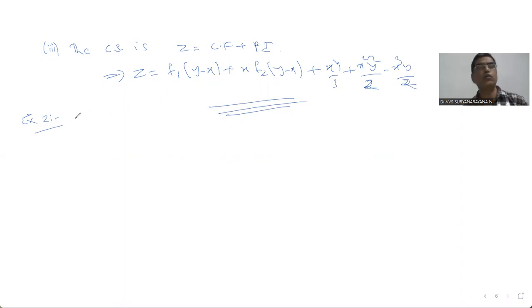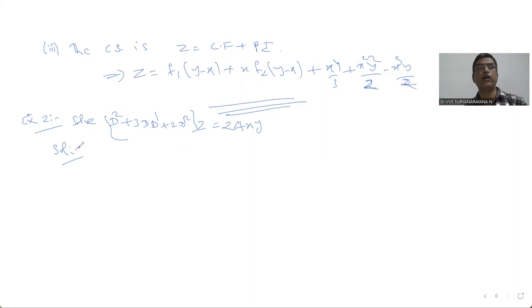So solve d square plus 3d d dash plus 2d dash square operating on z yielding 24xy.